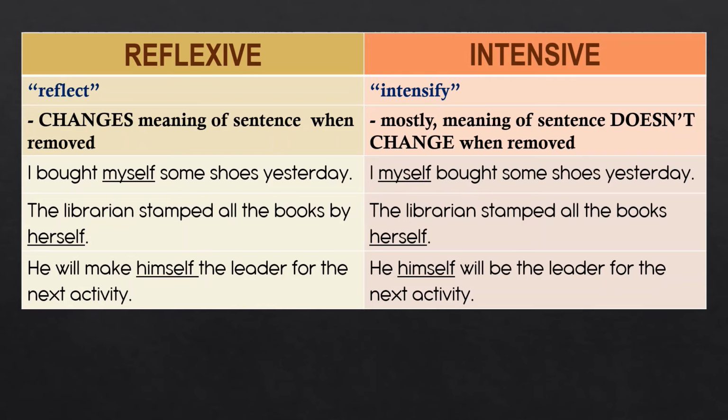But when it comes to intensive pronouns, we have, I myself bought some shoes yesterday. Even if you remove the word myself, it will still be clear that it was I who actually bought the shoes yesterday. So, look at the other 2 sets of examples and you may compare them side by side.